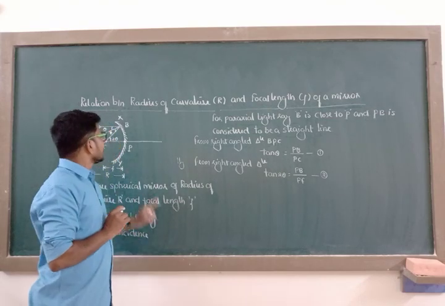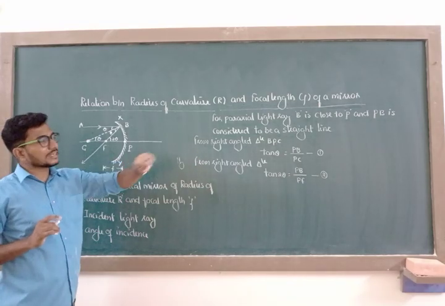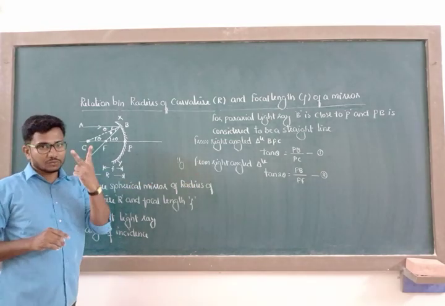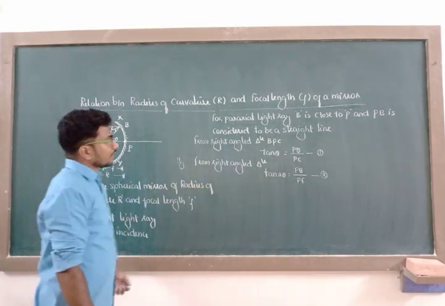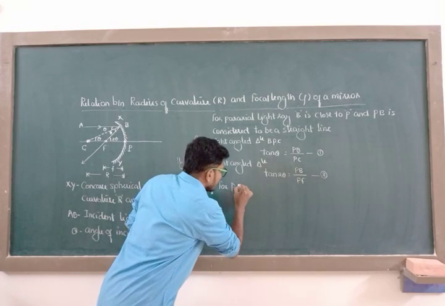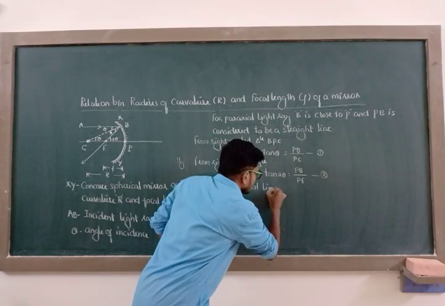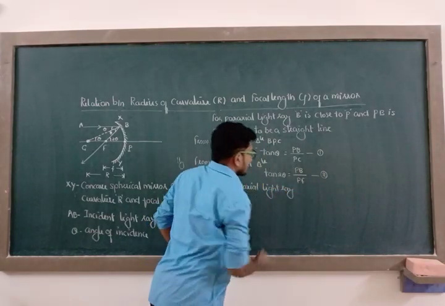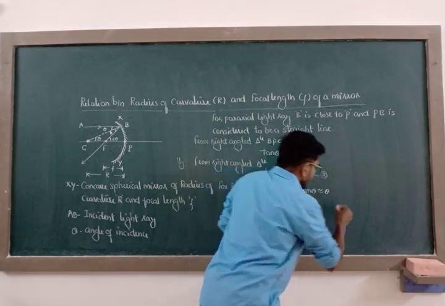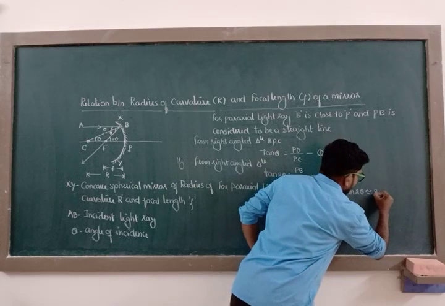For paraxial light ray, if this theta is very small, then tan theta is nearly equal to theta, and tan 2 theta is nearly equal to 2 theta.